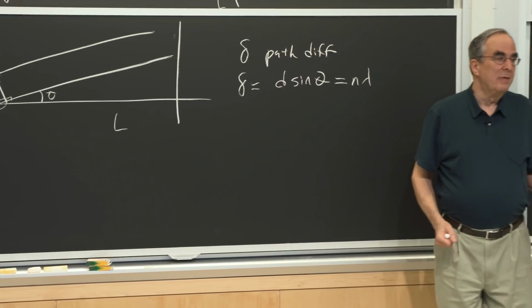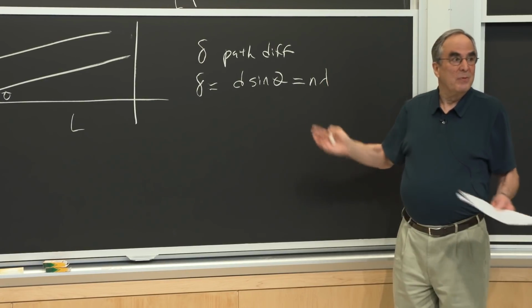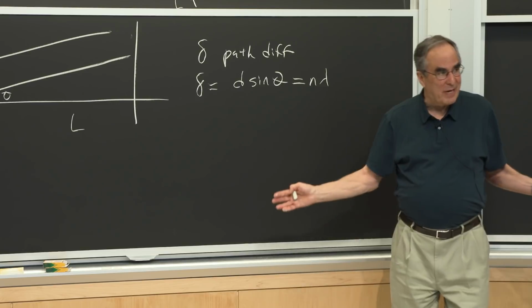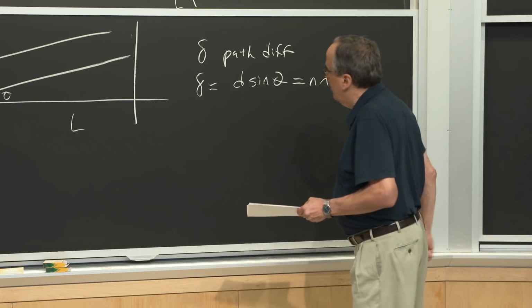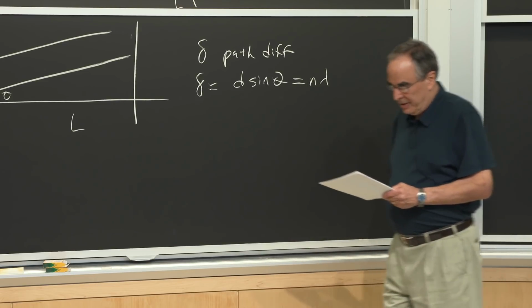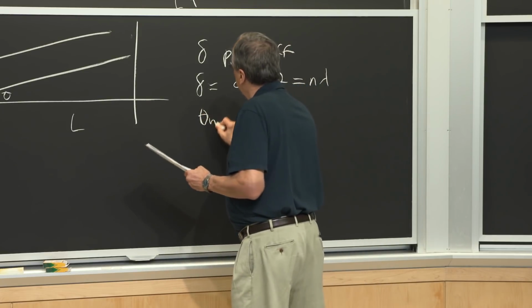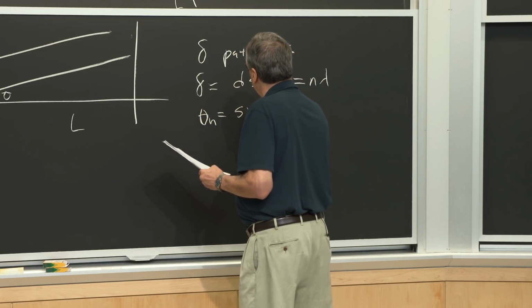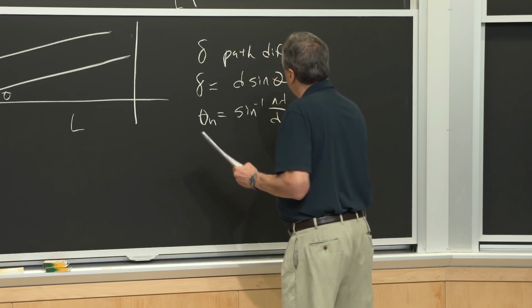Now this is optics, and that's something that we don't need quantum mechanics for. We know we're going to get interference. So we can now solve for where the constructive interference occurs. And so we have theta_n is equal to inverse sine of n lambda over d.